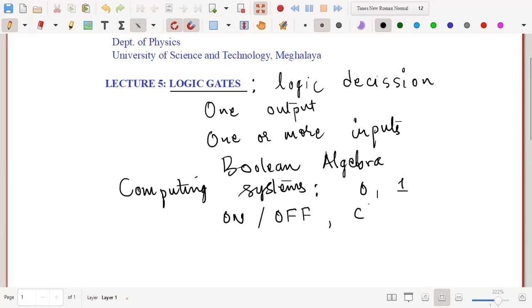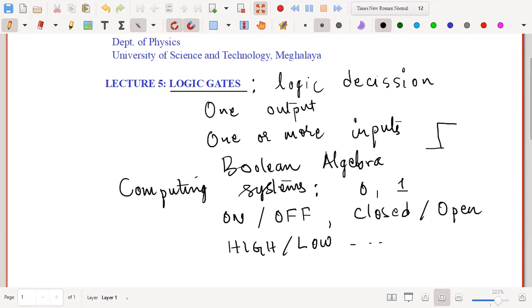Sometimes they are also represented as closed or open states, and similarly they can also be represented as high and low states, and so on. As I told you in the beginning of the lecture, digital electronic circuits are those circuits which process a discrete time signal.